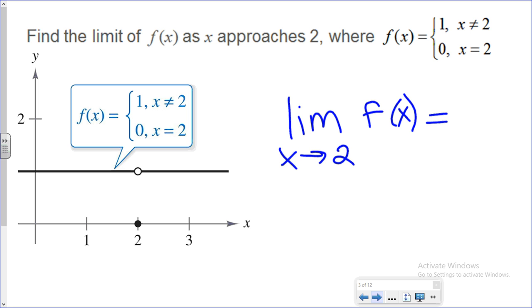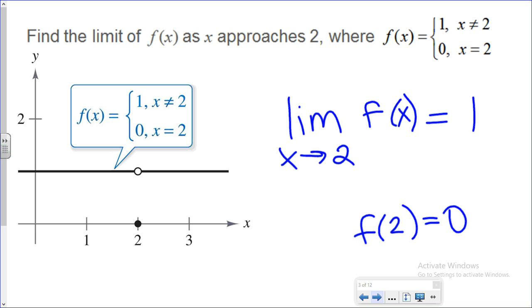Let's remember that when we talk about limits, we want to be on the function and we want to stay on the function. So as we are approaching x is 2 on the function, we're getting close to this hole, which has a y value of 1. So the limit is actually going to be 1, even though our function value at 2 would be 0.